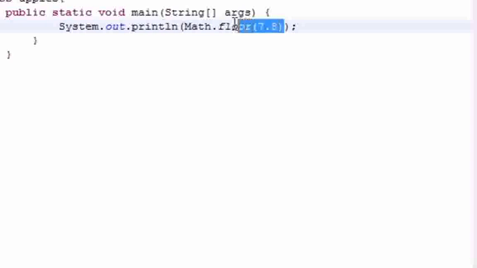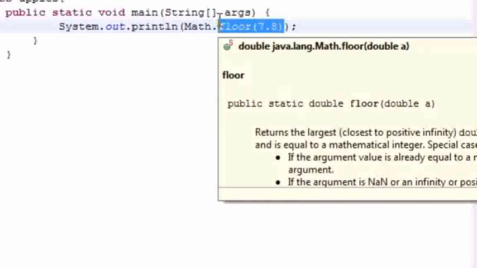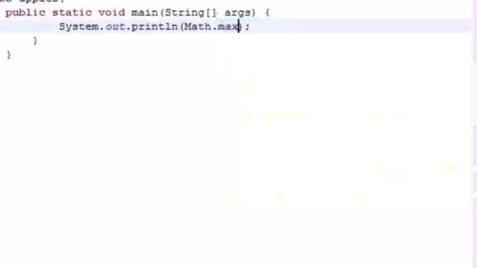Now that we learned absolute value, ceil, and floor, let me teach you about something else called max. In the last 3 we learned methods that take only one parameter, but max is the first one that takes multiple parameters in a single method.